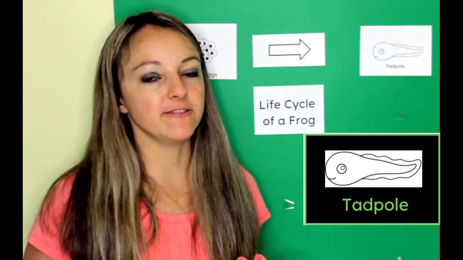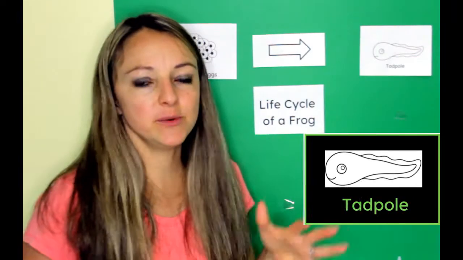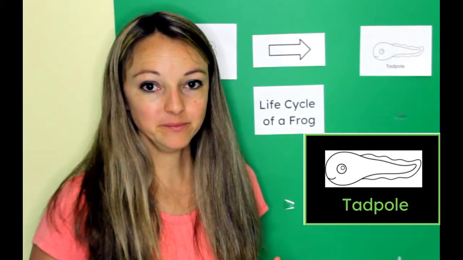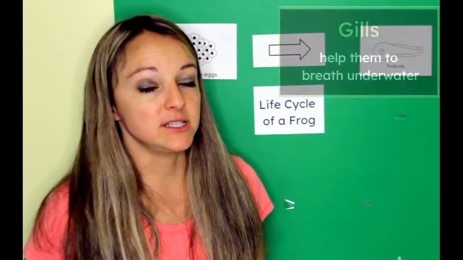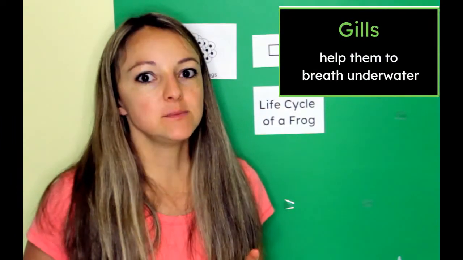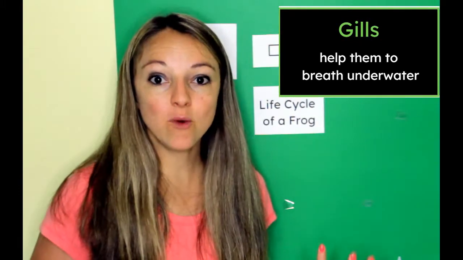It's kind of like a fish because it has a tail and it swims around in the water. And it has gills. Gills is an interesting word. Gills means that that's what helps it to breathe underwater.